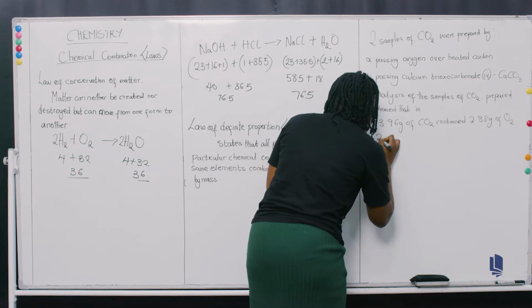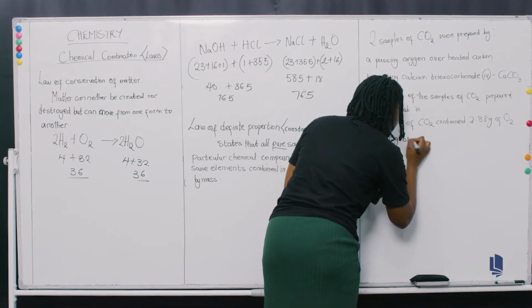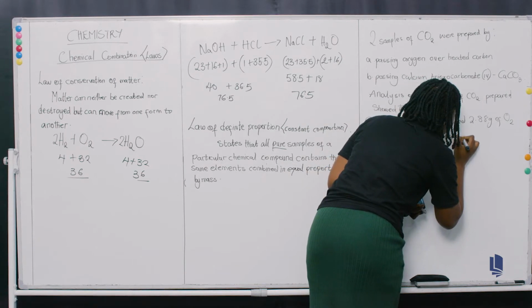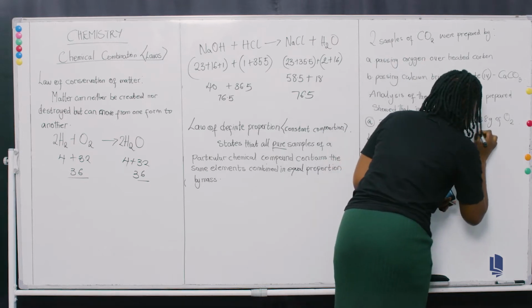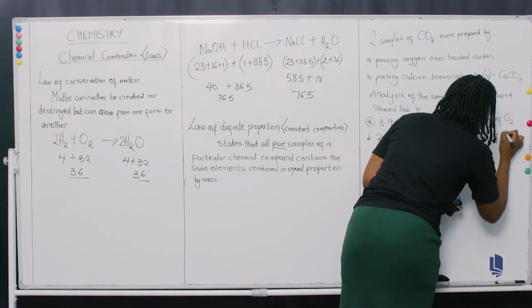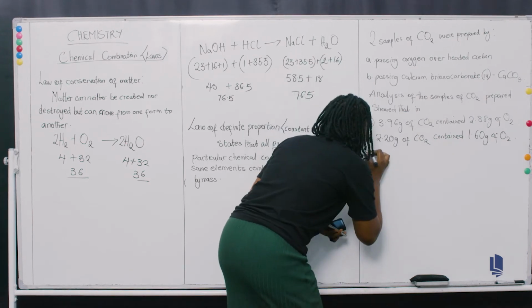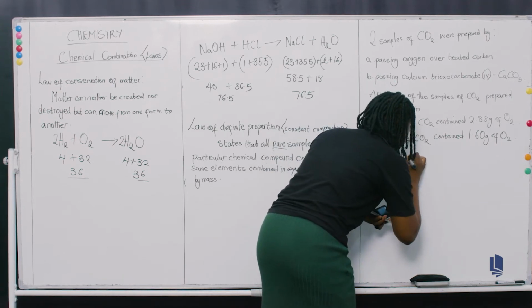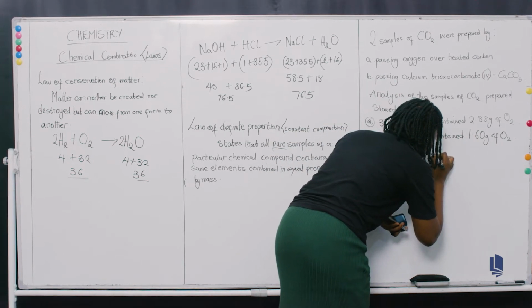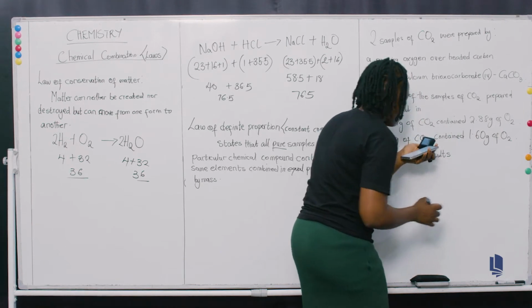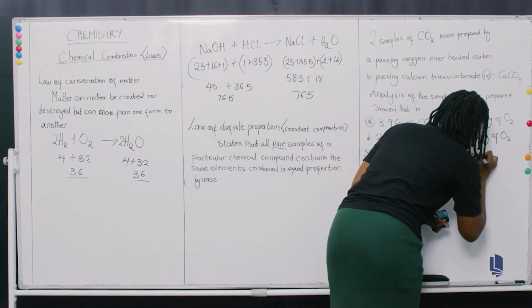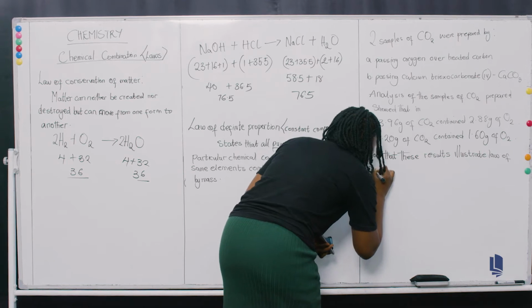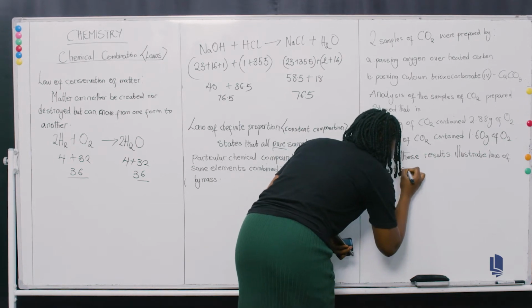B, 2.20 gram of CO2 contained 1.60 gram of O2 as oxygen. Show that these results illustrate law of constant composition.